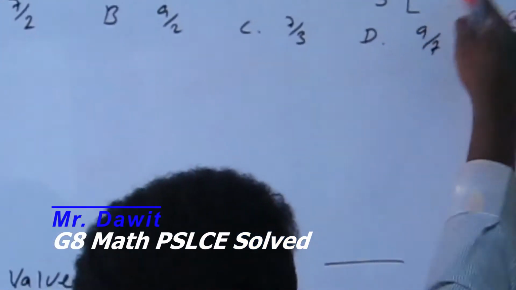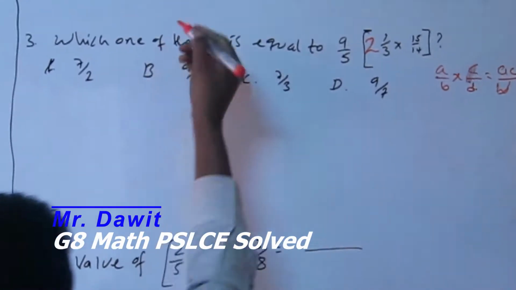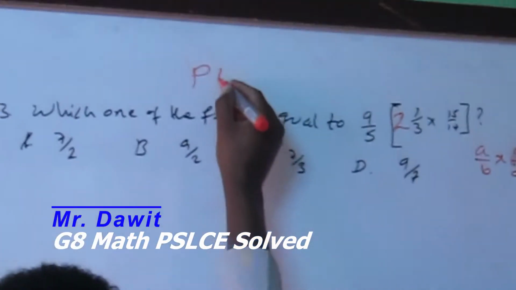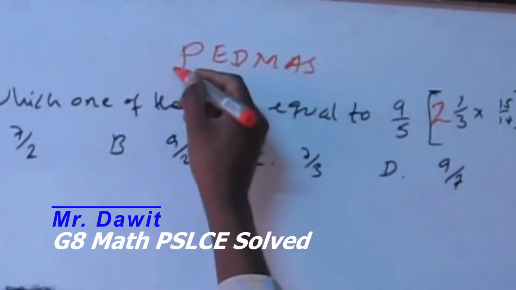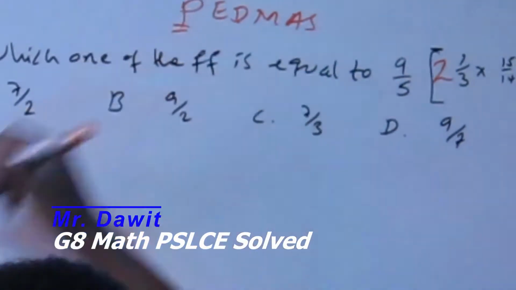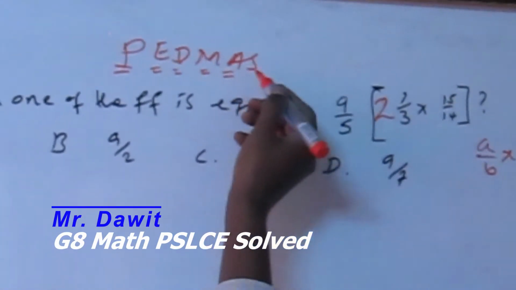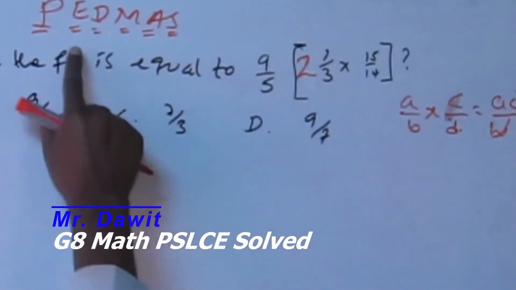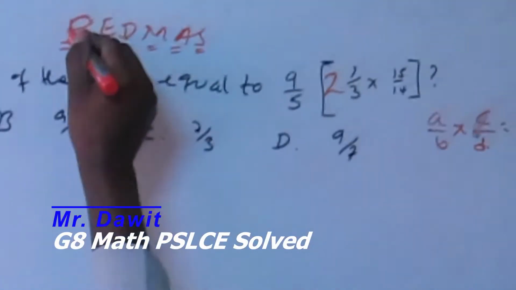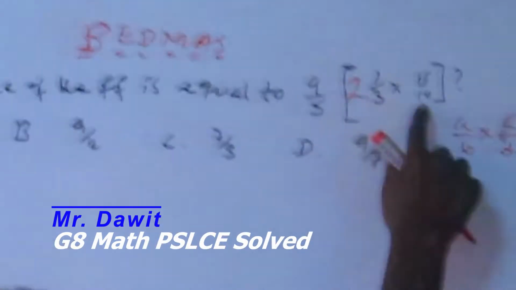Therefore, which of the following is equal to 9/5 times 2 and 1/3 times 15/40? By the rule of BODMAS or PEDMAS, we can say that the order is brackets, exponents, division, multiplication, addition, and finally subtraction. Brackets come first.